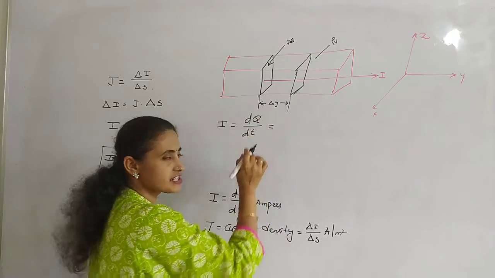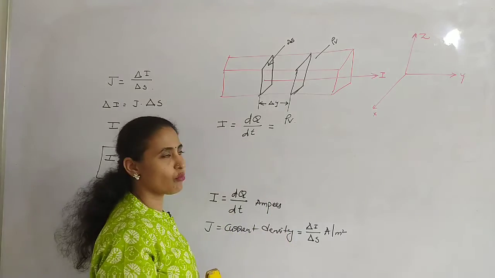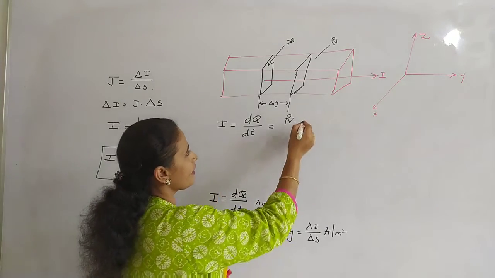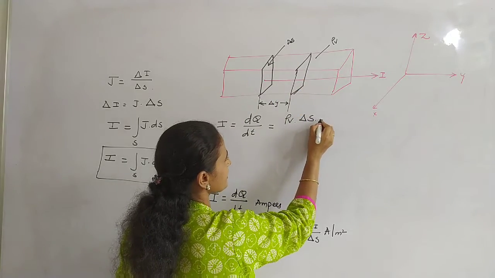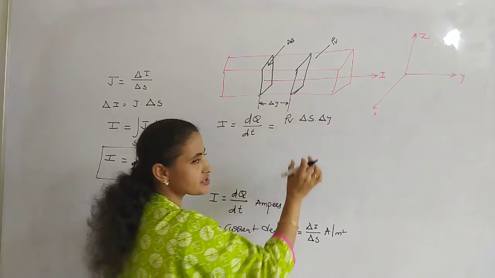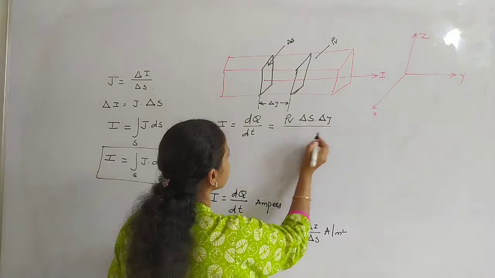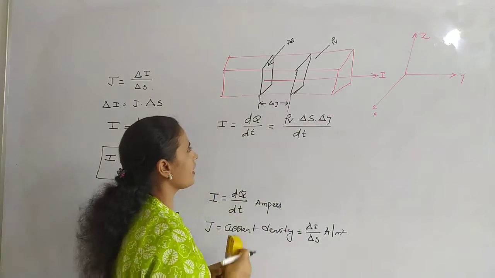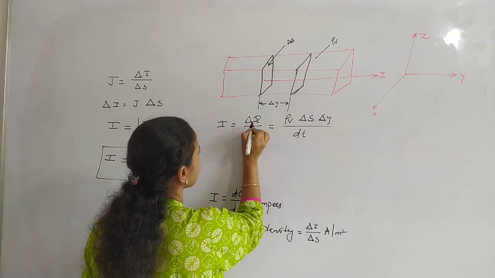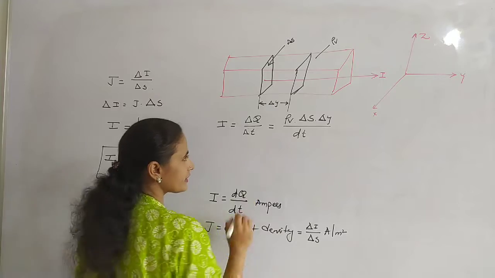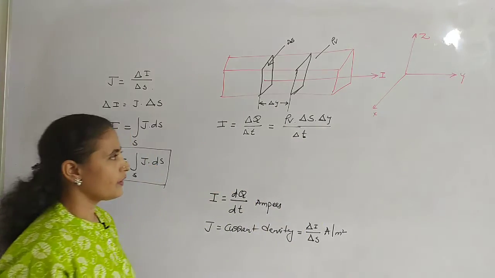The charge can be given in terms of volume charge density rho v into the differential volume dv. We can write dv as the surface ds times the length along y, and we can also write this in terms of delta.